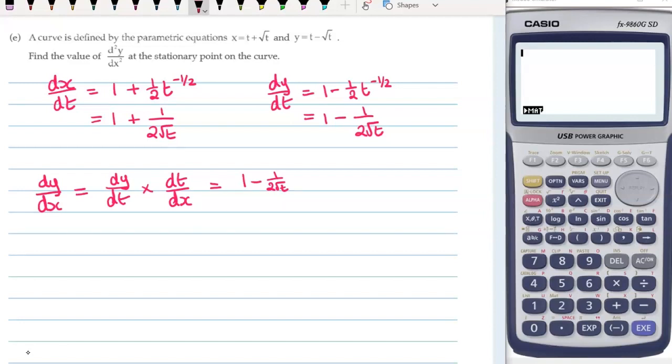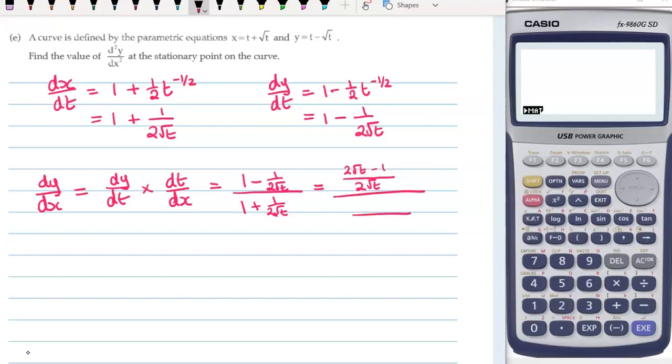If we timesing by dt by dx, then it's the same as dividing by dx by dt. So let's put 1 plus 1 over 2 root t. I keep writing it as a 2. Okay, let's pop that all over 2 root t on the top. That would give us 2 root t minus 1.